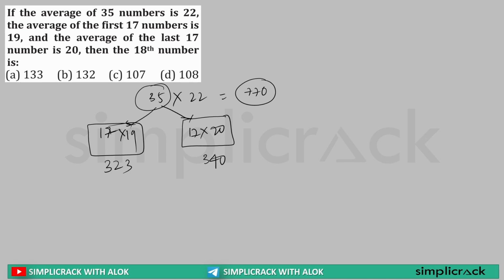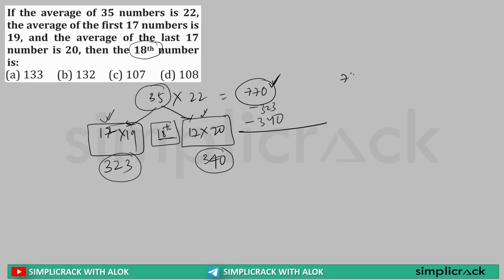It is asking about the value of the 18th number. See, the first 17 numbers, the last 17 numbers, what is remaining? The 18th number, right? Because 17 plus 17 is 34, plus this number is equal to 35 numbers. If I minus both these from the total, I will get the value of what? The 18th number, yes or no?